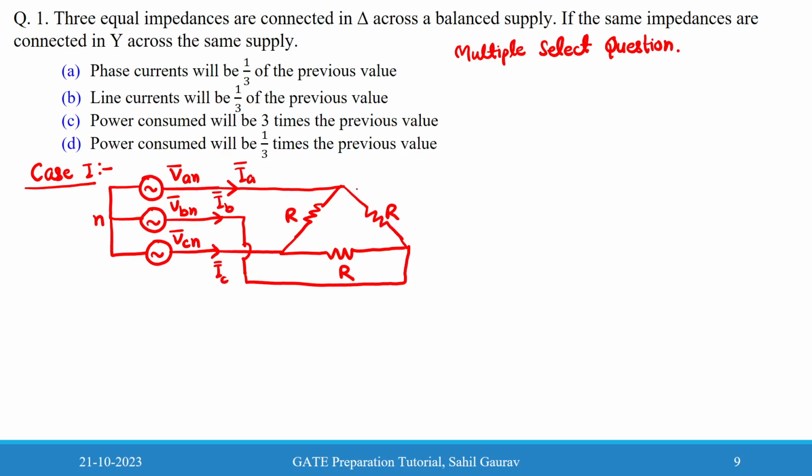And the phase currents, similarly, will be IAB, IBC, and ICA. And case 2 is the same balanced system as it is, but with a star connected load.